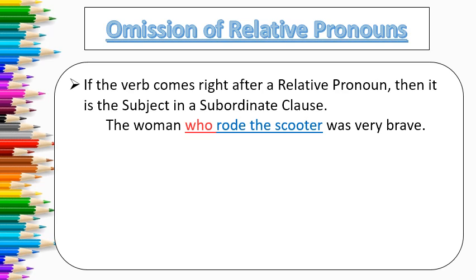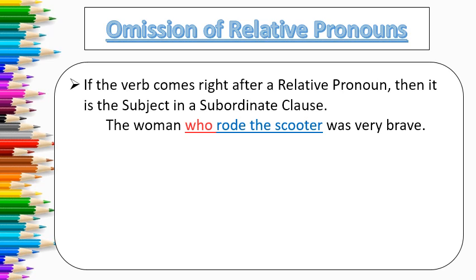Now, who rode the scooter? When you divide this complete clause into different parts, let us see what we will get. Who is the relative pronoun, but we cannot see any subject in this clause. Rode is the verb. The scooter is the object of this clause.